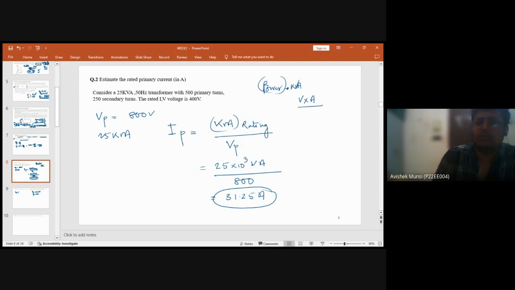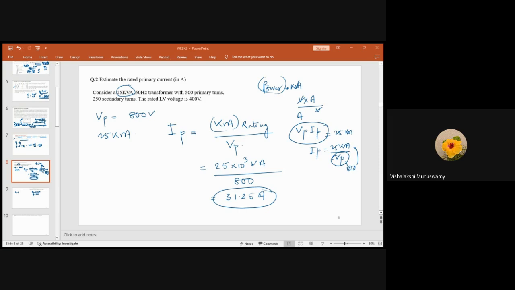So if you have to calculate the current in ampere, then it should be divided by the voltage. So this kVA is the input transformer rating, so it should be equal to VP into IP, right? So if VP into IP is 25 kVA, then IP will be 25 kVA by VP. Fine. So we calculated VP in question number 1 as 800. So put it over there and calculate it. Is it clear? Yes, sir. Thank you, sir. Okay.